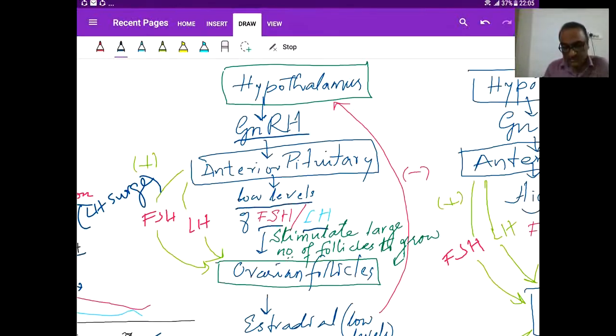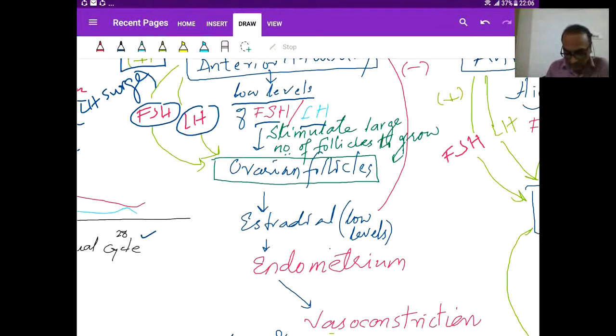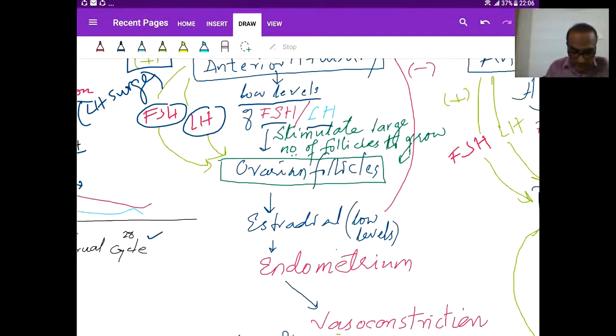We have to remember first, they are secreted but in low levels. And these hormones FSH and LH positively stimulate the ovarian follicles, bringing about the release of the ovarian hormone, mainly estradiol, which is a type of estrogen, and that's also in low level.